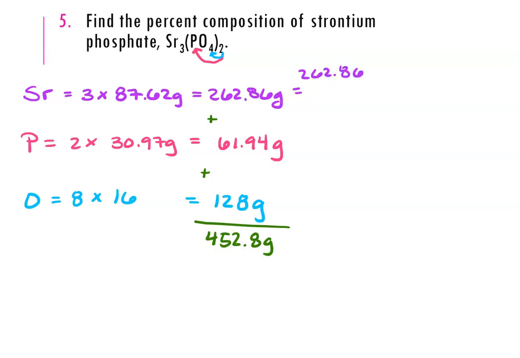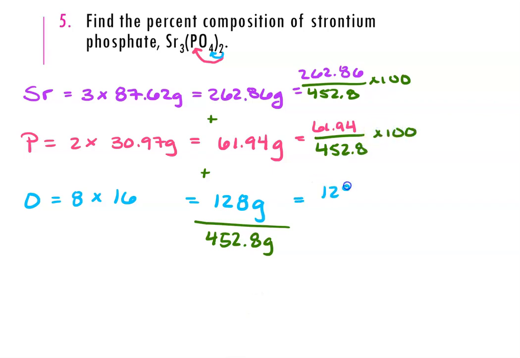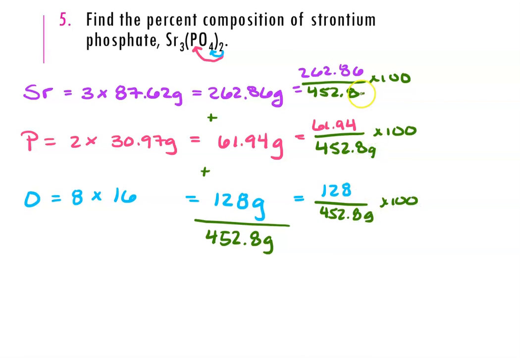262.86 divided by 452.8 times 100. And then I have 61.94 divided by 452.8 times 100. And then we have 128 divided by 452.8 times 100. These are all gram values.